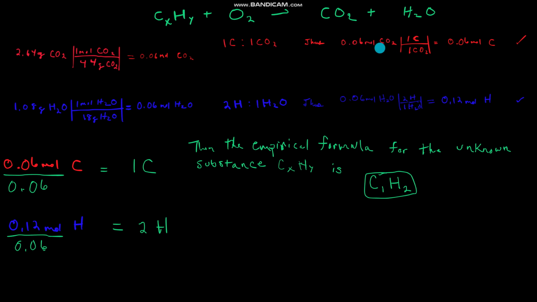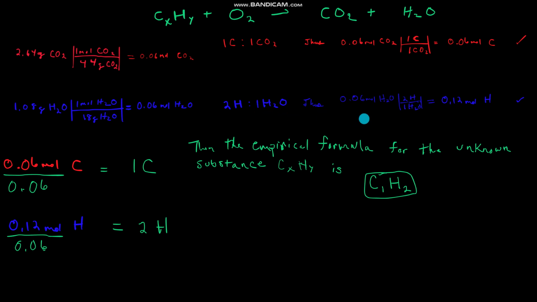Thus, if you want to know how much carbon you have on your left side, take that 0.06 mole of CO2 and multiply it times 1 carbon per 1 CO2, cancel your CO2s, and that's 0.06 mole of carbon. You repeat that process for the 0.06 mole of H2O because you witness that there's 2 hydrogen per every 1 H2O.